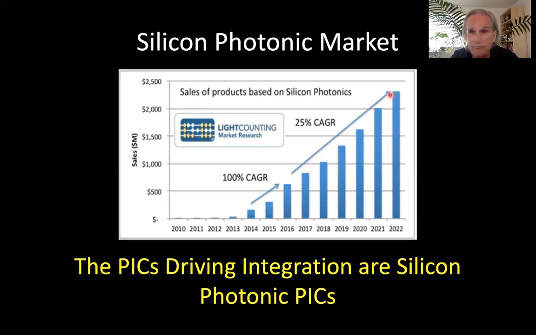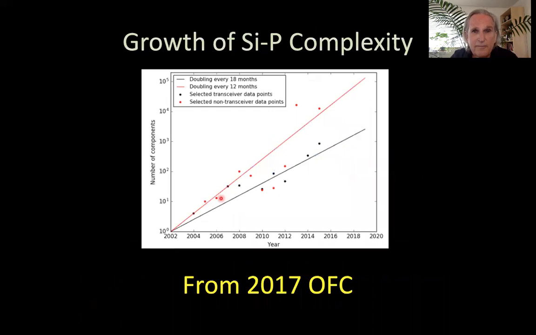This is up there with fiber markets and laser markets and whatever, on the scheme of photonics, on the scheme of electronics. Along with this growth in the market, we've seen quite a growth in complexity. In the early days, silicon photonics might have a couple of components on a substrate.